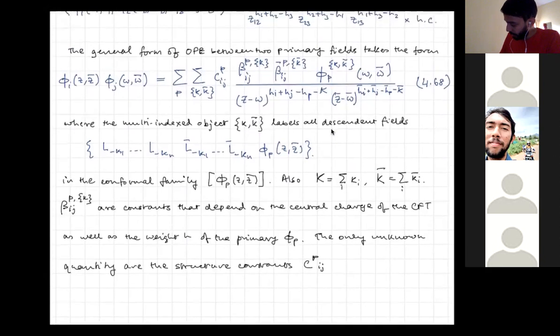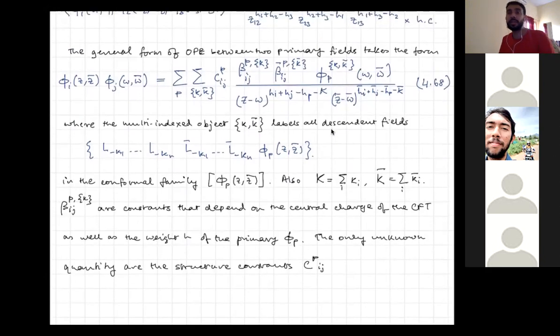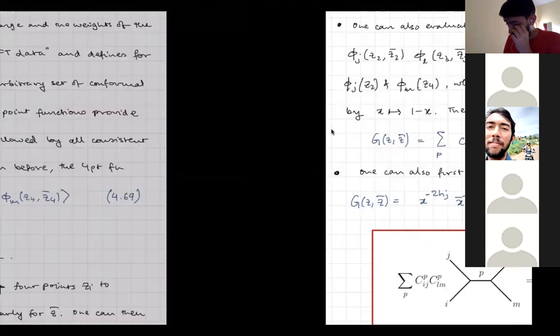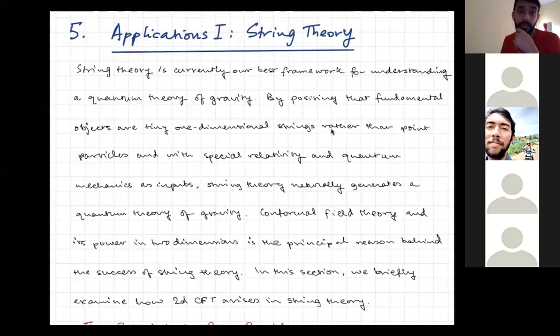Okay, so we have done a lot of CFT in 2 dimensions, and I thought I would change gear a little bit and show you at least one place where CFTs are actually very useful. And this takes us to the example of string theory.